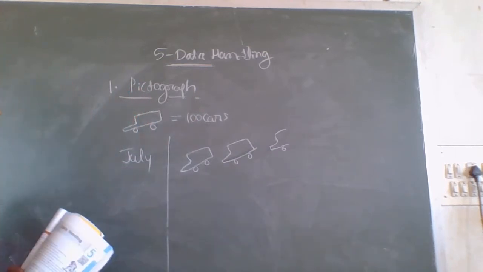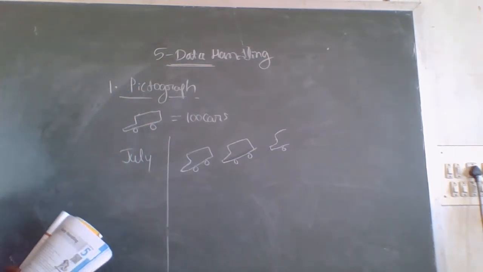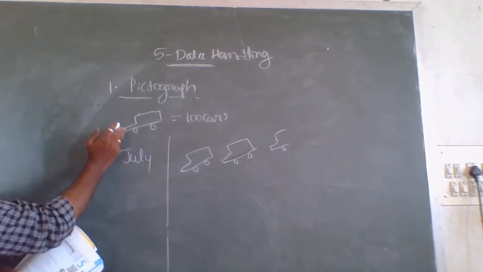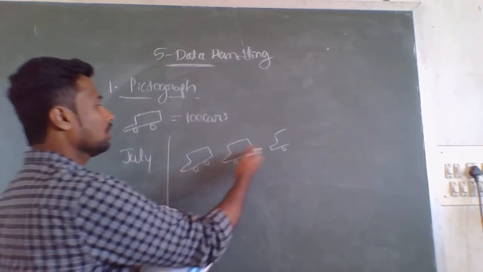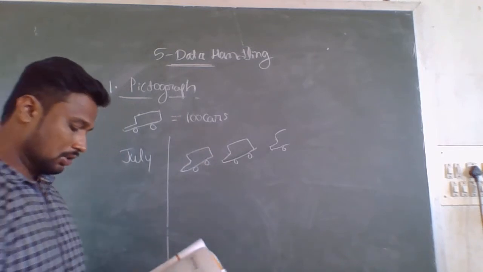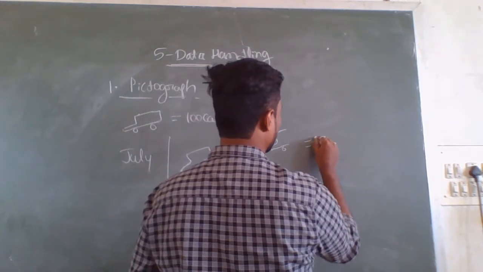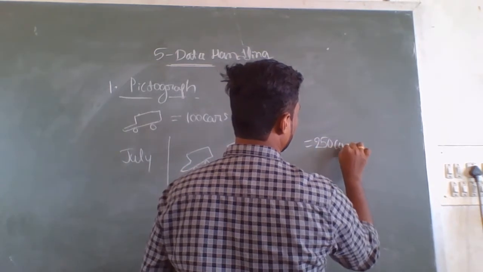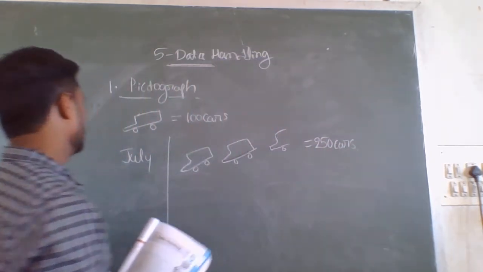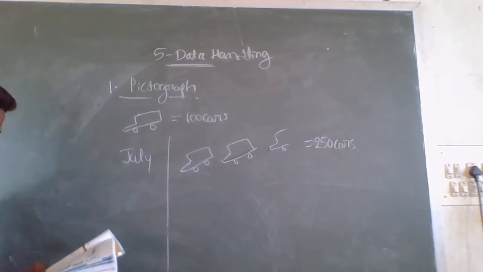One symbol represents 100 cars. Here they are given two and half symbols means 250 cars sold out in July.